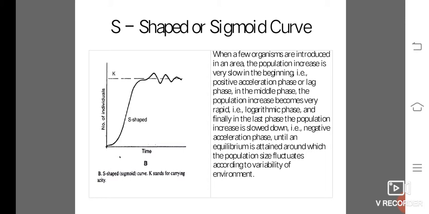And finally, the last phase, the population increase is slowed down, that is negative acceleration phase, until an equilibrium is attained, around which the population size fluctuates according to variability of environment.